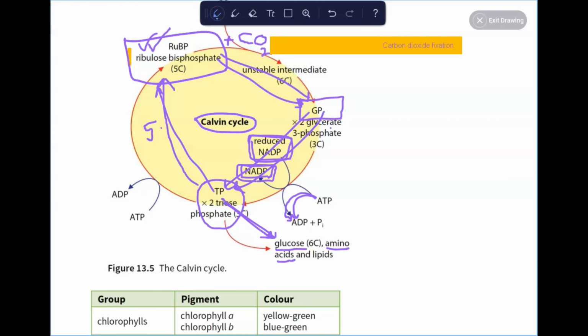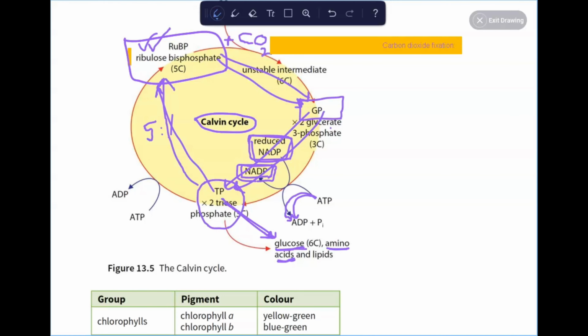So anyway, here comes the glucose. The glucose can be converted further into amino acids when nitrates combine with the glucose in the leaf. These nitrates are supplied through the xylem, transported from the roots to the leaves, and here they combine with glucose to form amino acids, and the amino acids further form proteins in the leaf, or are transported through the phloem sieve tube, as in AS transport in plants.